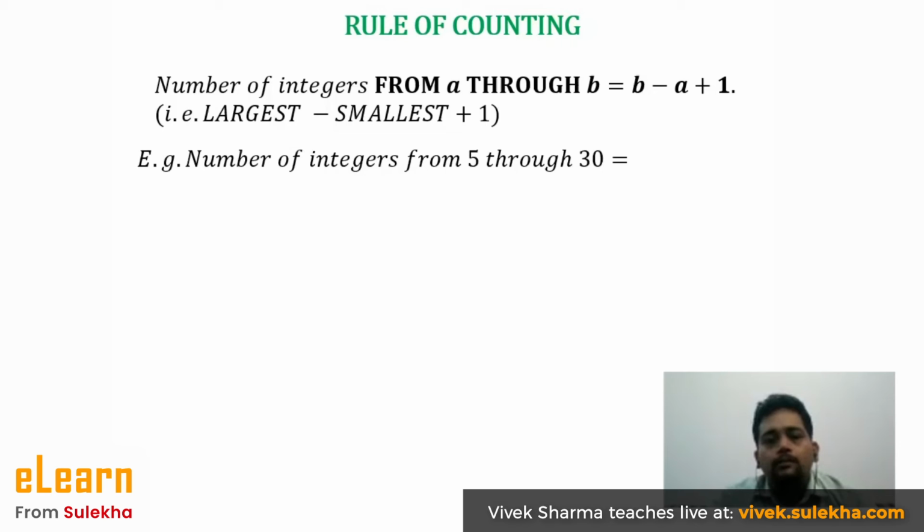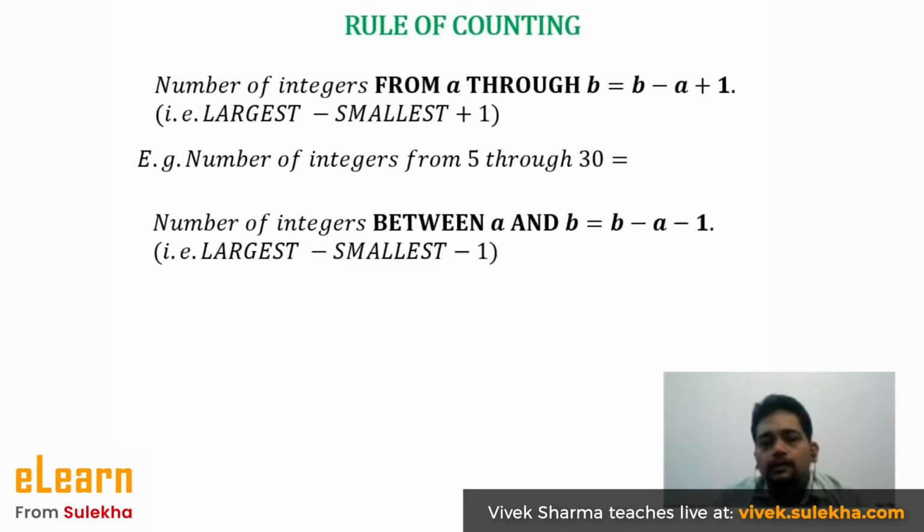How many numbers from 5 through 30? That will be 30 minus 5 plus 1, that is 26 integers. Now, if we have to calculate the number of integers between A and B, remember that whenever we use between, the two extreme values are not included.